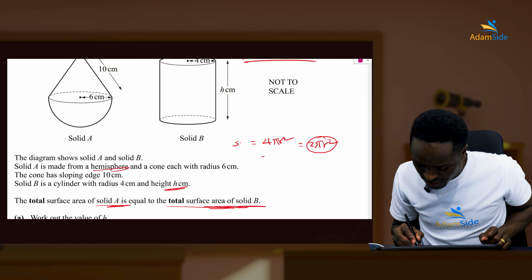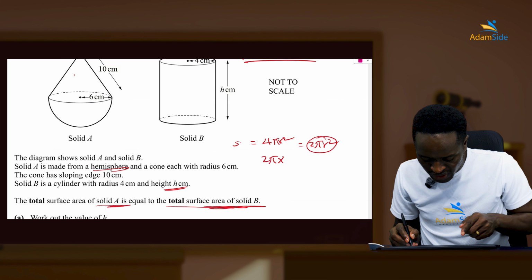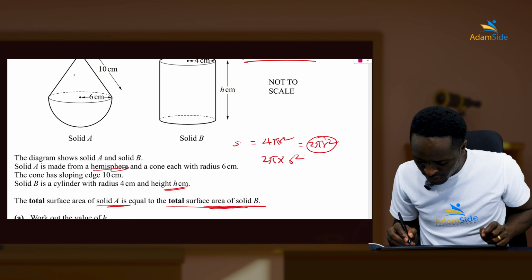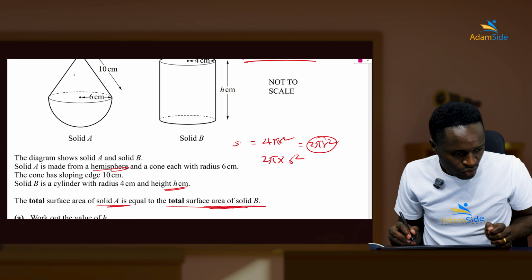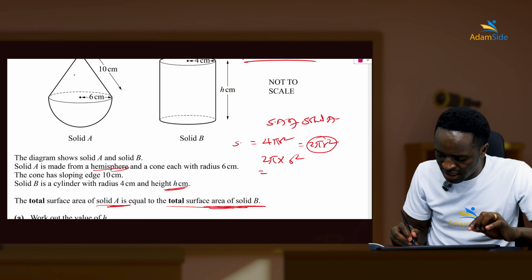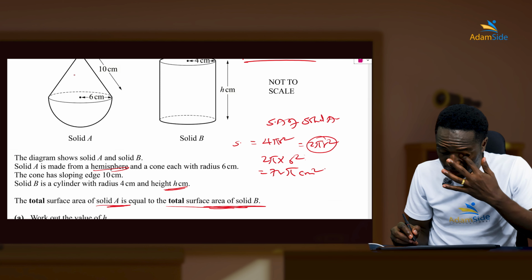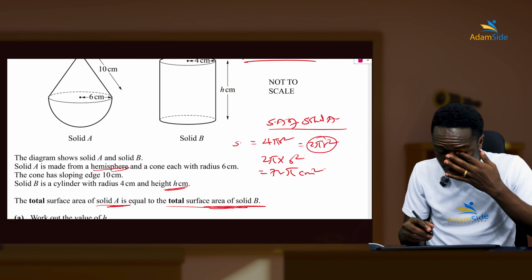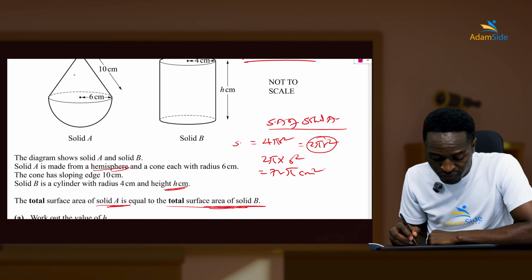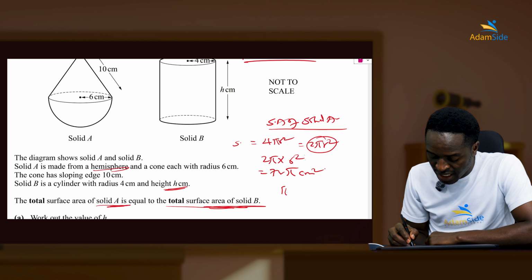Therefore, if you do that, that means 2 pi times radius squared, which is 6 squared. What do we get? 2 pi times radius squared, 36 times 2 is 72 pi. And then you find the area of the cone. The area of the cone is pi r L, which is pi times the r, which is 6, times the length, which is 10.